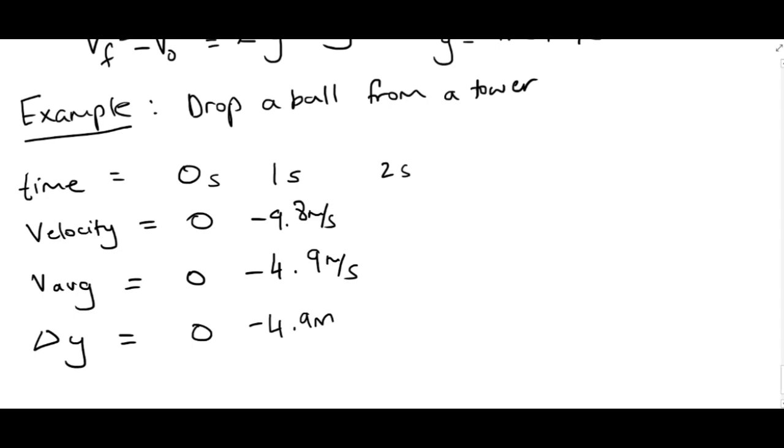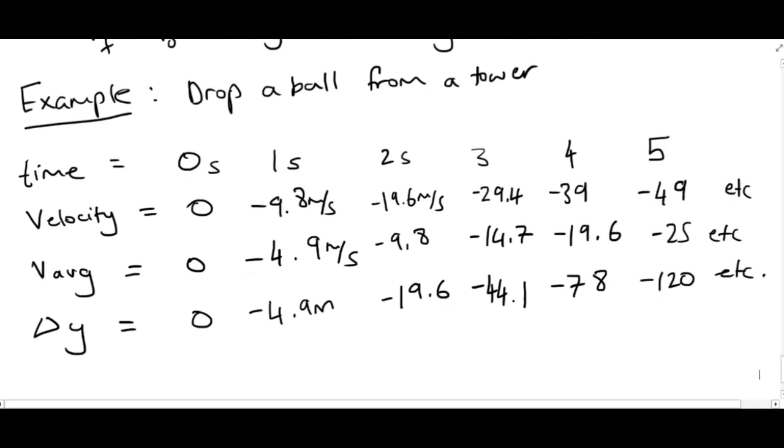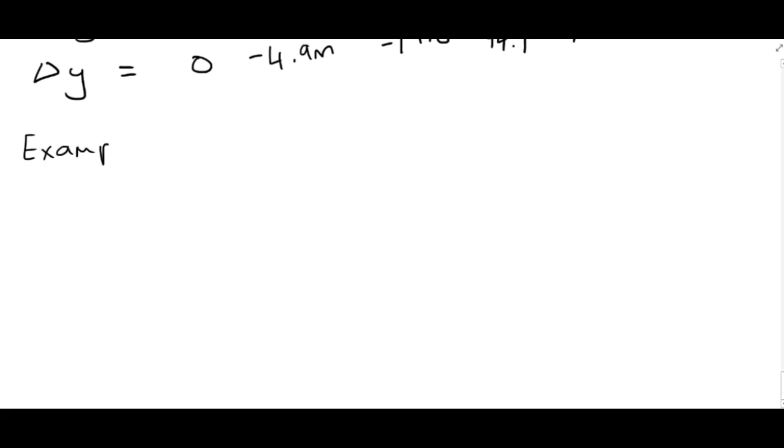At 2 seconds, the velocity will be negative 19.6 meters per second, average velocity will be negative 9.8, and the change in displacement will be negative 19.6. At 3 seconds, negative 29.4 is the velocity, average velocity is negative 14.7, and delta y is negative 44.1, and so on and so forth. There are the values for 4 seconds and 5 seconds, which you can also copy as well.